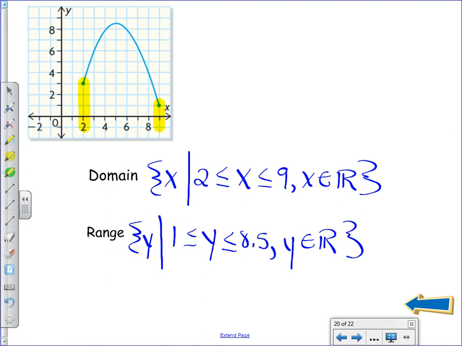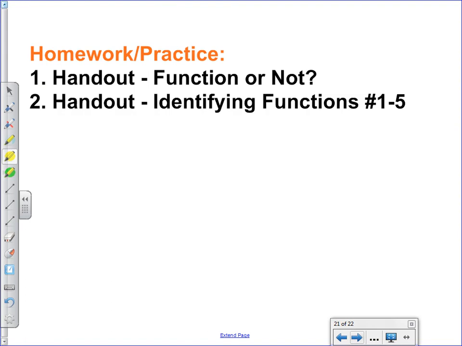So the set of y such that y is greater than or equal to 1, less than or equal to 8.5, where y is an element of the real. Okay, that's it.